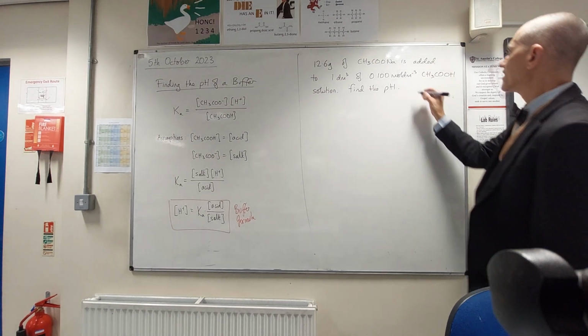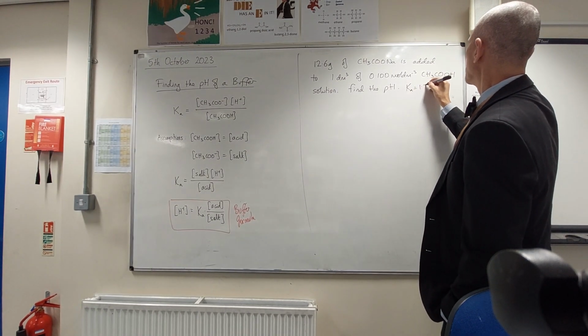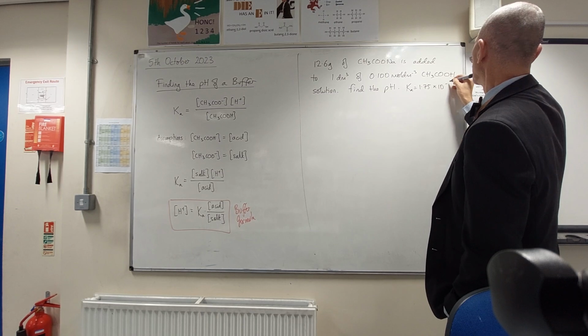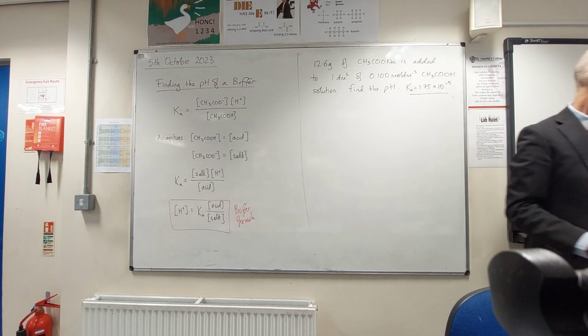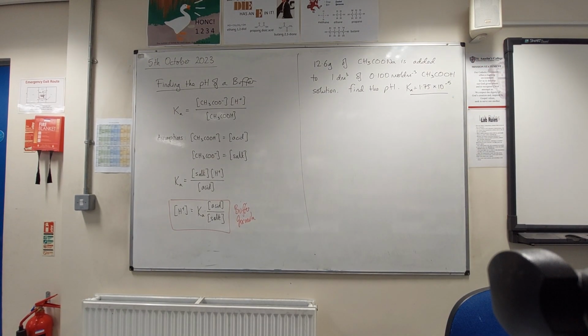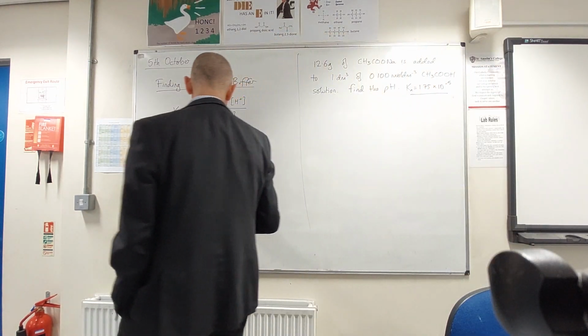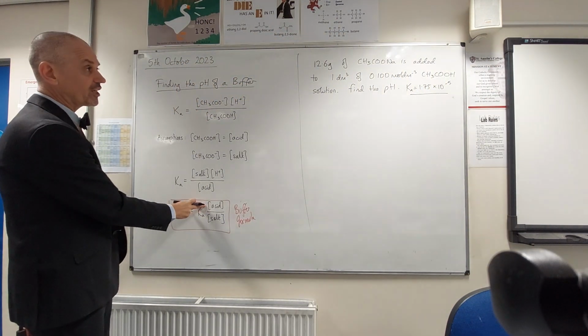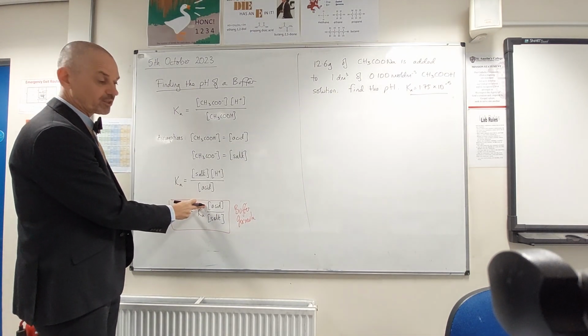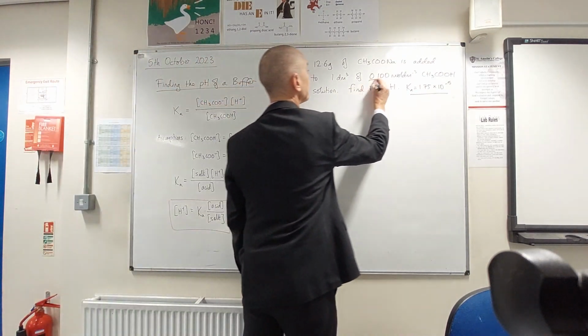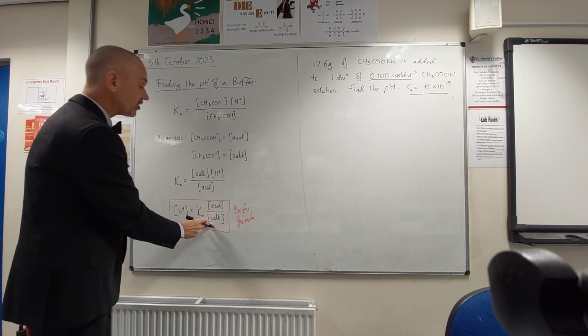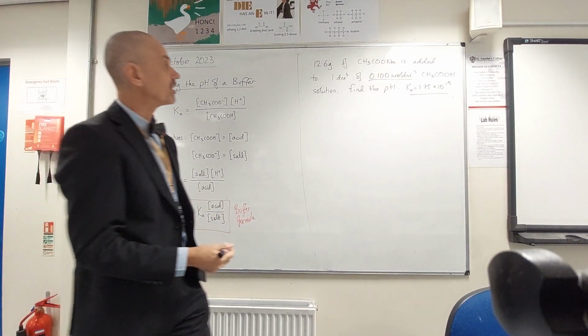Oh, and we need Ka, which is 1.75 times 10 to the minus 5. Okay, so let's use our buffer formula. Concentration of the acid is given to us in the question. There it is. Concentration of the salt, well, we're going to have to work that out.